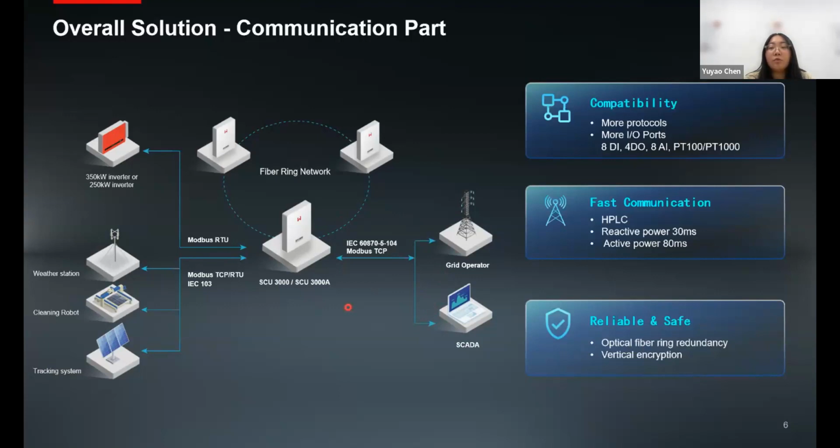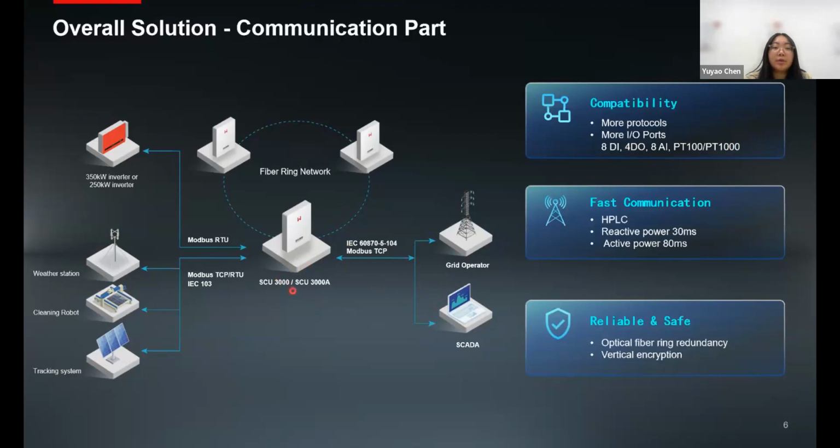So with this new generation of the SCU 3000 communication box, we support more protocols. We also have more ports integrated, such as digital input and digital output, more ports than the second generation. So it will be compatible with more third-party devices, and it will be faster.